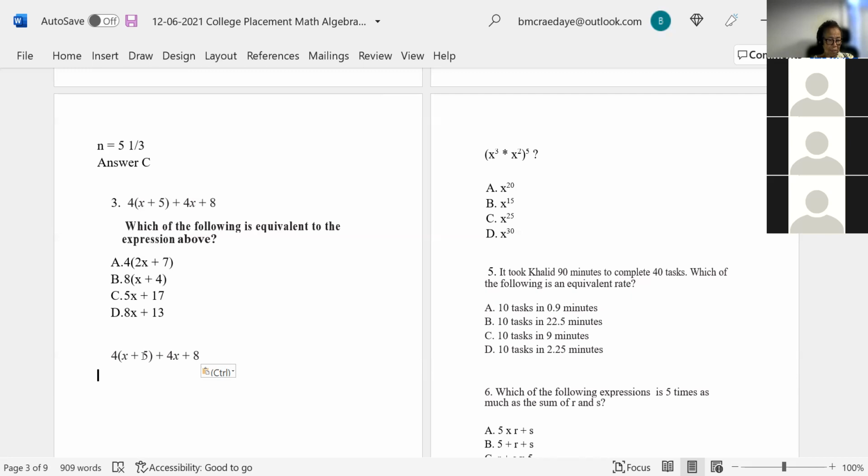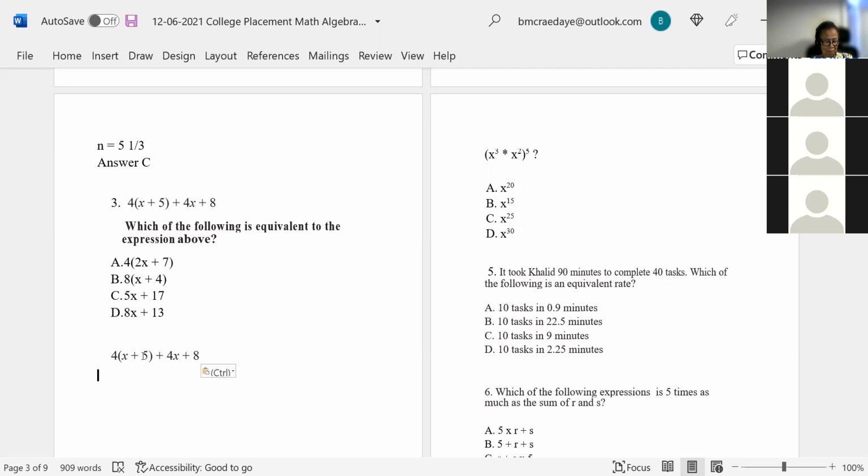So x plus 5 is in parentheses. And then what else do you have? Plus 4x. And then plus 8.